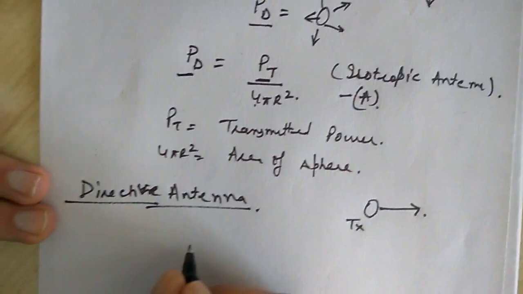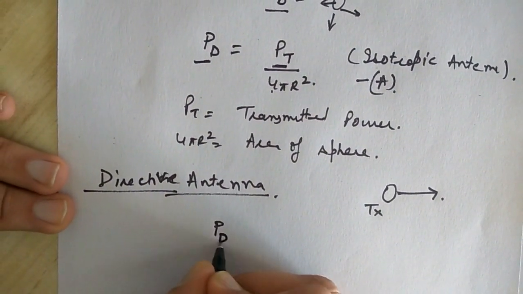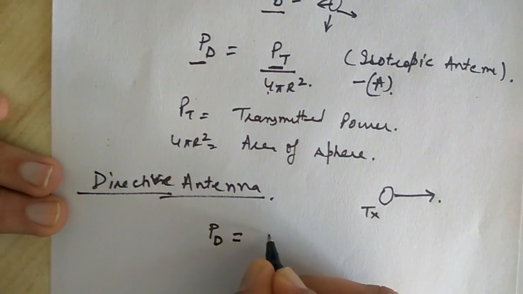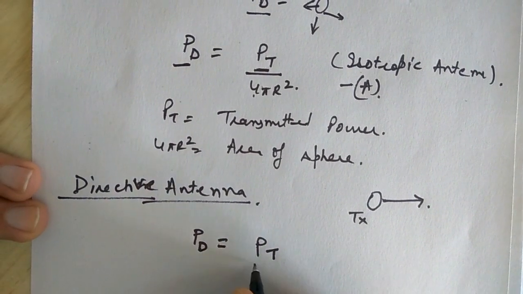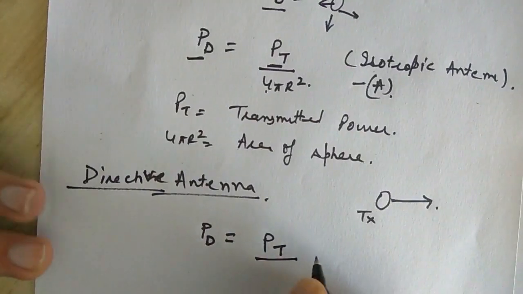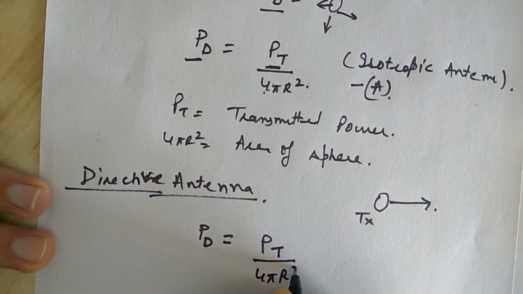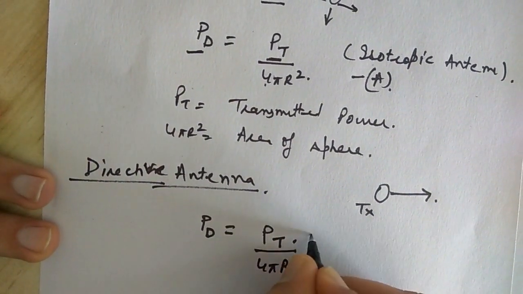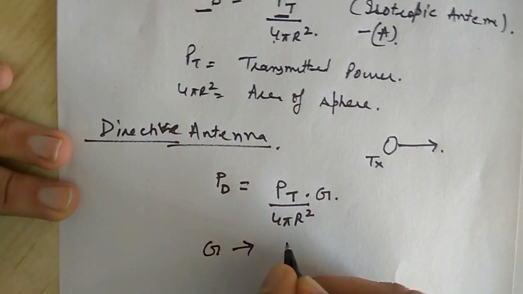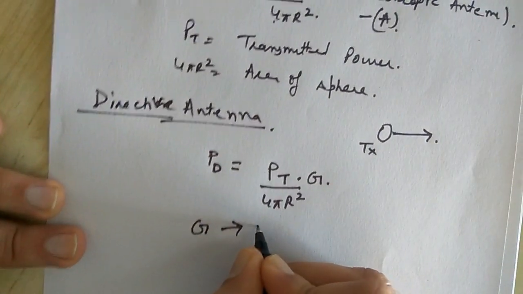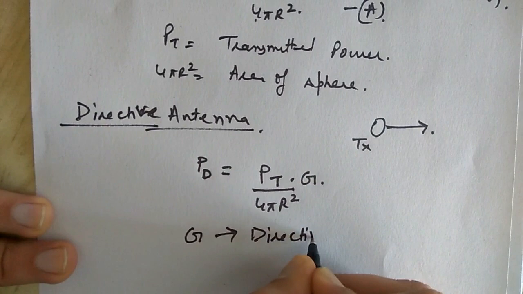If we take the power density of these directive antennas, it will be given by the transmitted power upon the area of a sphere with a gain factor which is introduced over here. Now this gain factor is only because of this directive antenna.